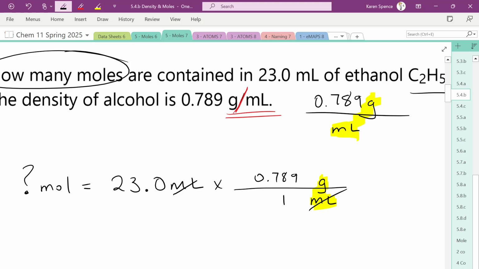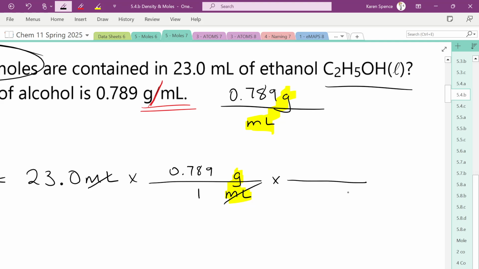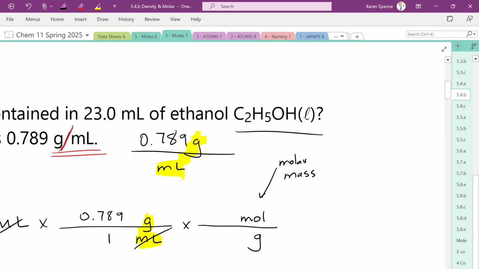Do we know how to go from grams to moles? We use the molar mass to go from grams to moles. So we need to cancel the grams and find the moles. And this is going to be our molar mass. And we have 12.0 times 2.